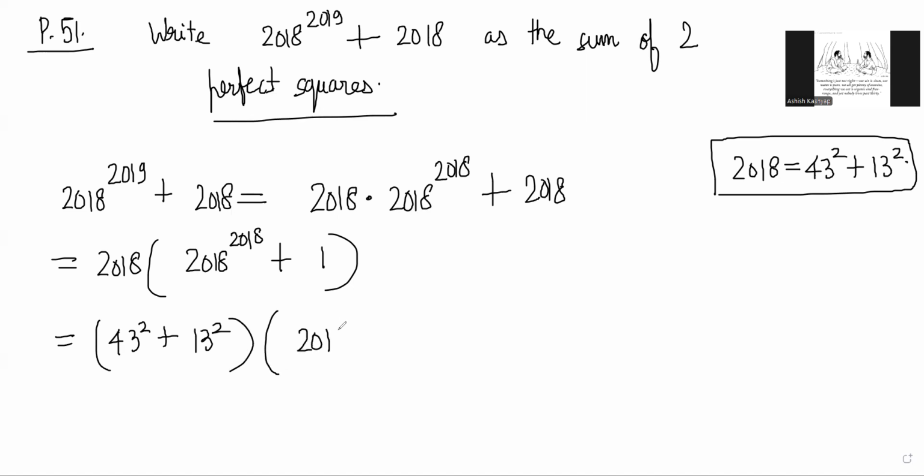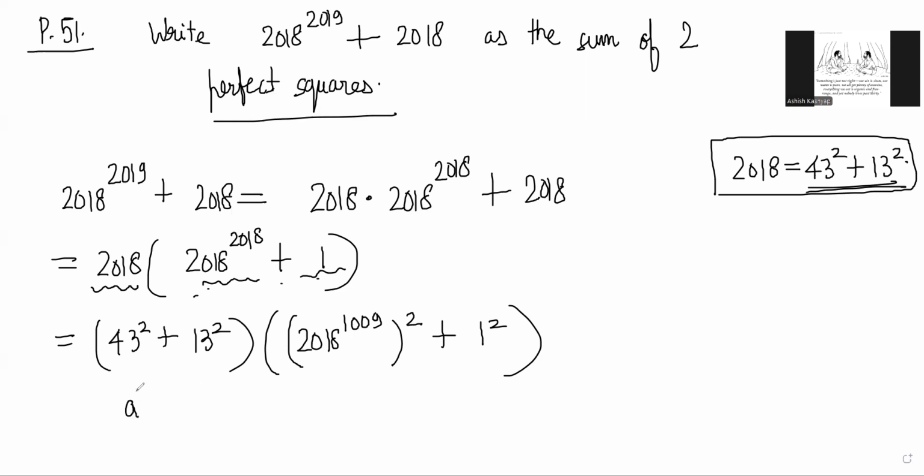And the rest of the stuff here, I can write it as 2018 to the power 1009 whole square plus 1 square. Does everyone understand the steps so far, what we have done? Yes, sir. We took a 2018 common because 2018 can be written as sum of two squares. And the inside terms, I wrote it as sum of two squares again, right? Now you will see why we are doing that.